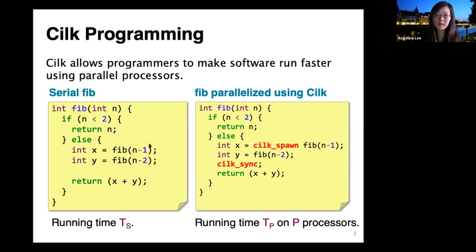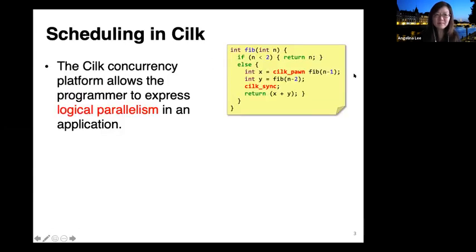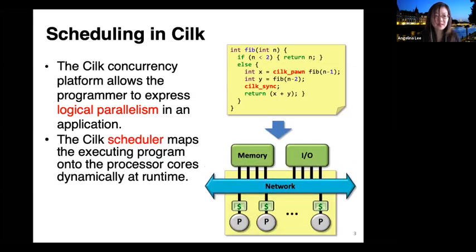Now, when this piece of code, which I'm showing you, the parallel fib, is scheduled on the Cilk platform, what happens is that there's an underlying Cilk scheduler that maps the executing program onto the available processing cores dynamically at runtime, right?